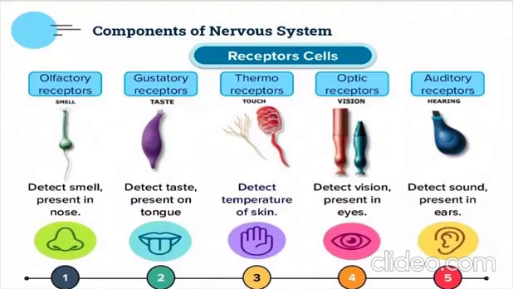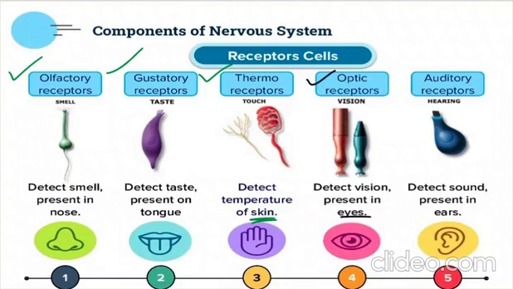Now they have specific names also. For detecting smell, we have the olfactory receptors present in the nose. For taste, we have the gustatory receptors in the tongue. Then for detecting temperature and touch, we have thermoreceptors in the skin. For vision, we have the optic receptors in the eyes.